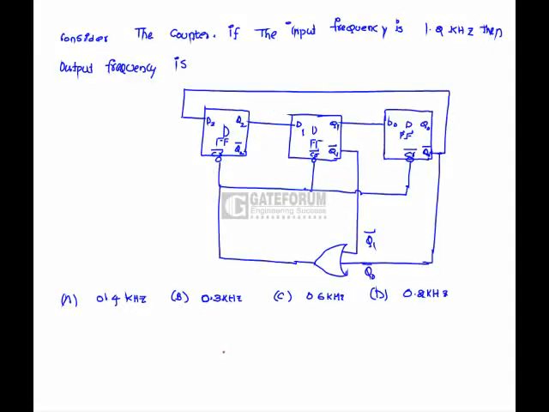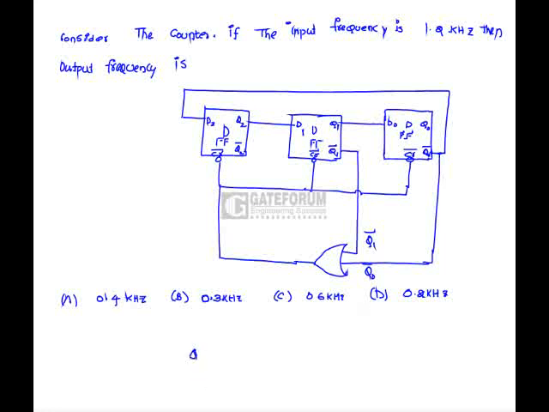For the counter, if the input frequency is 1.2 kHz, then the output frequency is? See, the counter is going to be cleared, or reset, if Q1 bar as well as Q0 bar are both zeros. Then only the counter goes back to 0, 0, 0.